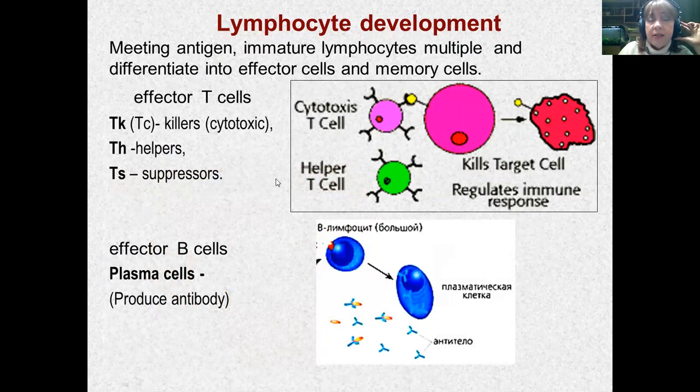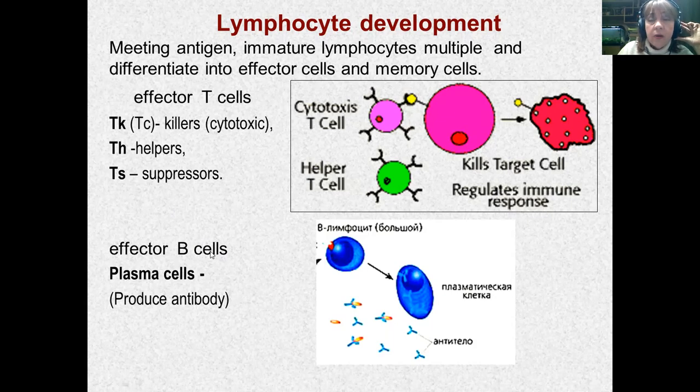T helpers, regulative cells, which activate the functions of T killers and B lymphocytes. T suppressors, they're also regulative cells, but their function is opposite to helpers. They stop immune response, they suppress activity of T killers and B cells.